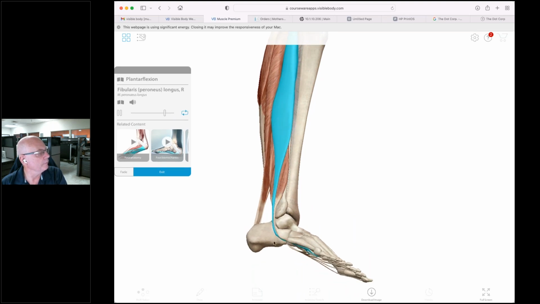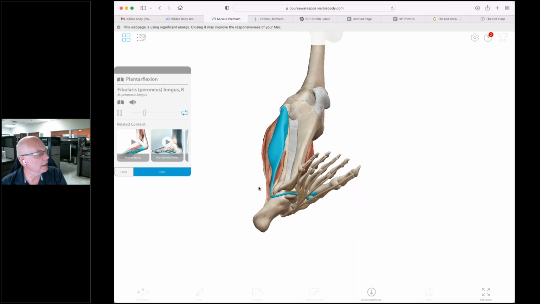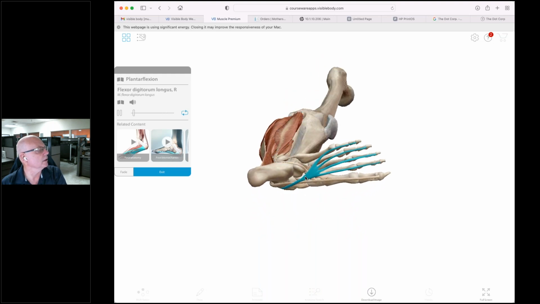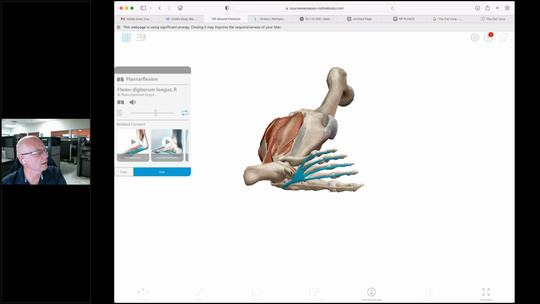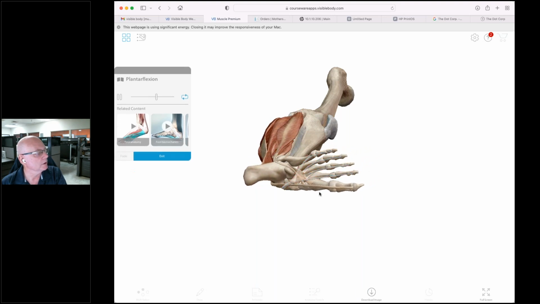And you can see here, if I select the fibularis longus and go underneath, notice how it goes underneath here. And it's got these, what are these? These are the flexor, it's another tendon. So these go deep to that, but it goes underneath. Oh, let me fade those.